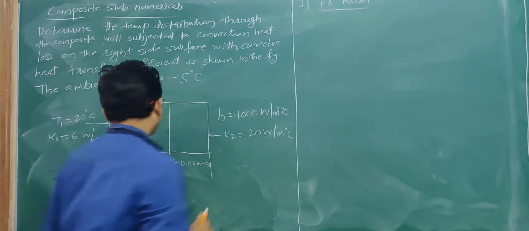The length of the first element is L1, already given as 0.06 meters, and this is L2 which is 0.02 meters. So this is the FEA model.